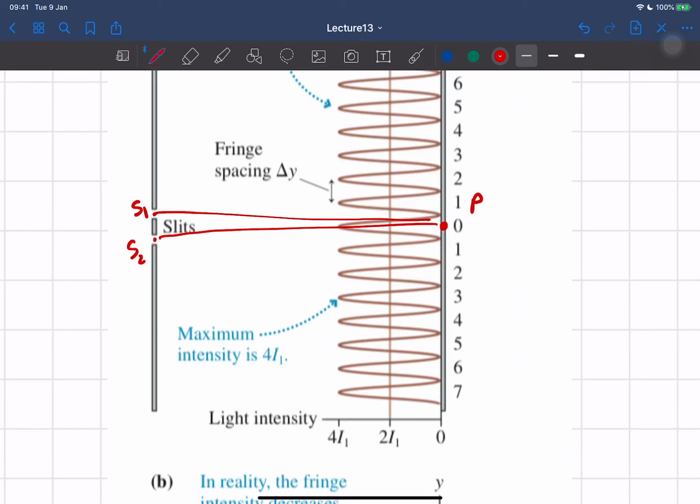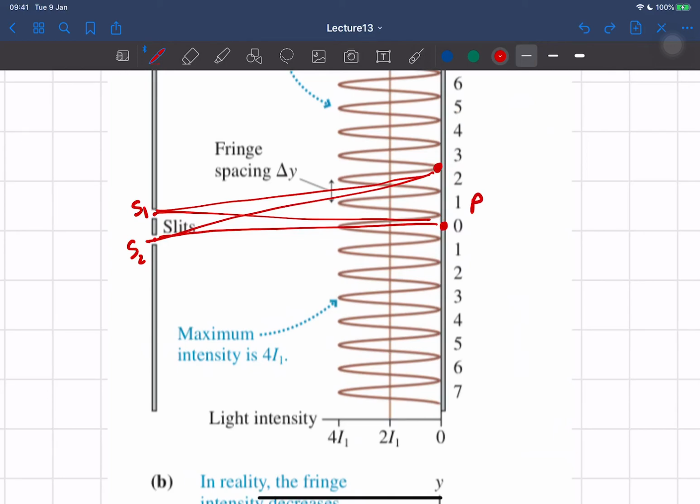But as you go up along this screen or a piece of paper, maybe somewhere here, you can see that now the path to S1 is going to be a little bit shorter than the path to S2. So the path difference is no longer 0 in this case. The path difference is going to get larger and larger when you go up.